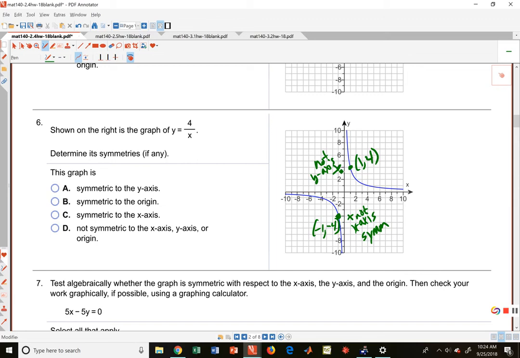That is origin symmetric. People say it's reflected through the origin. Let's pick out another one with integer coordinates. That point right there is 4, 1. And if you look at through the origin, you end up here at -4, -1. So we say this is origin symmetric. It's not the other two, just origin symmetric.